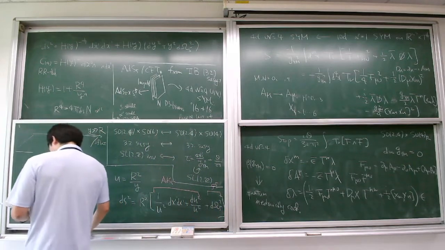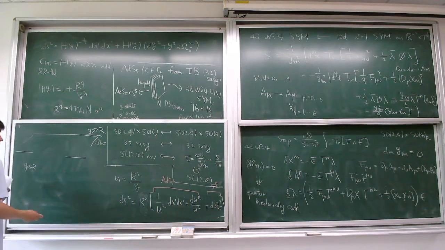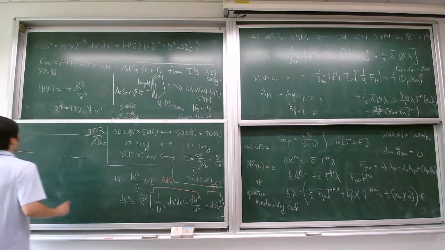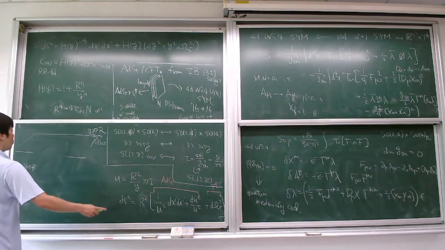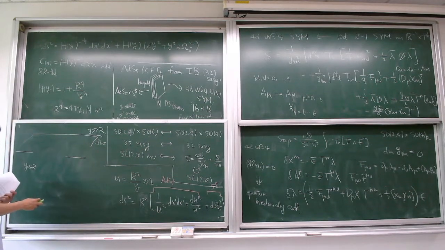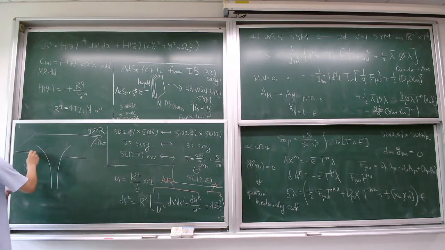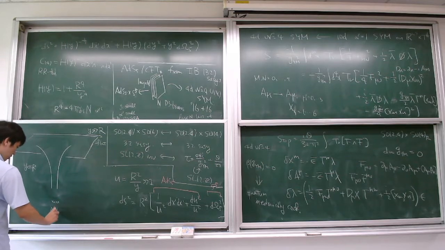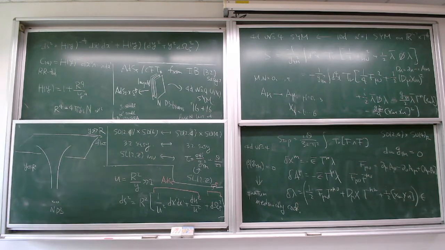If you take R squared over y very, very big, indeed the metric looks like a throat. And here you have a bunch of N D3 branes. Okay. So the metric looks this way.